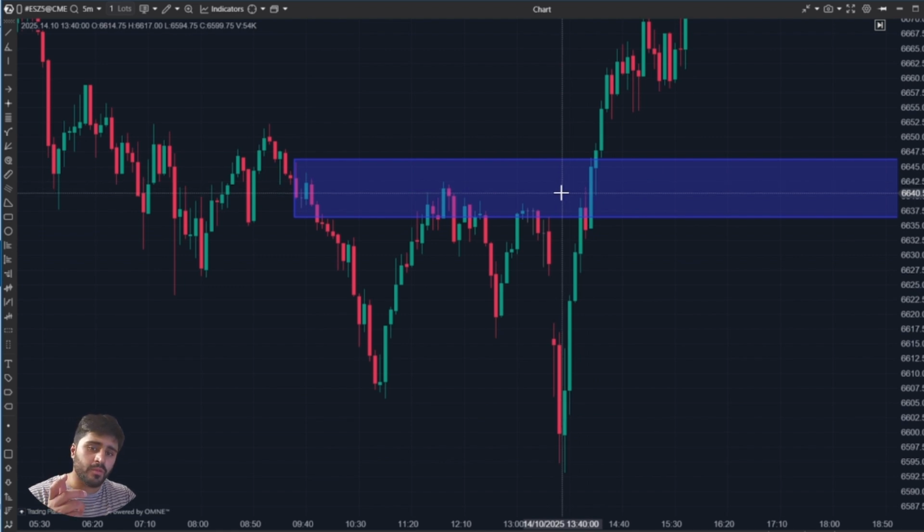I know I'm using the words supply and demand, support and resistance; you can use those words interchangeably. What I mean is, if the market holds as resistance, you want to see it break and then hold as support.